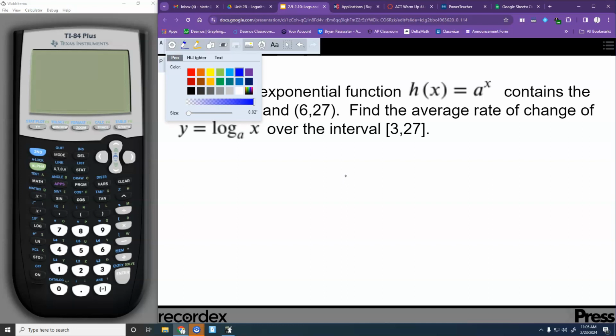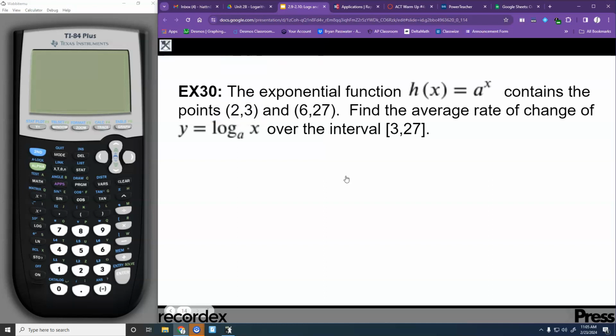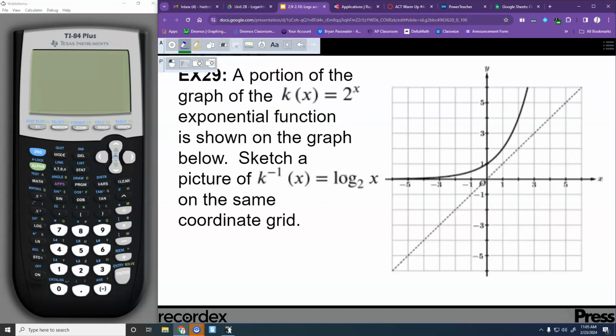This point right here will end up right here. So 0, 1 becomes 1, 0. This point right here is 1, 2. That's going to be 2, 1. This point right here is 2, 4. That'll be 4, 2. These are kind of hard to see.